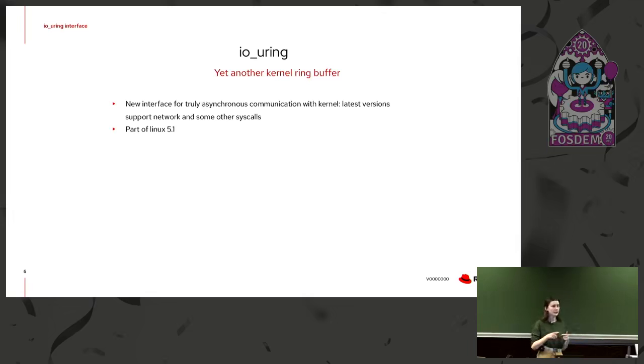And you can chain syscalls. For example, if you have asynchronous open and asynchronous read, you can make the read go after the open, and this will always be asynchronous. So that's cool. And it's part of Linux 5.0 or 5.1. So it's new. If we use it in QEMU, we need to make sure that we're on the newest kernel.